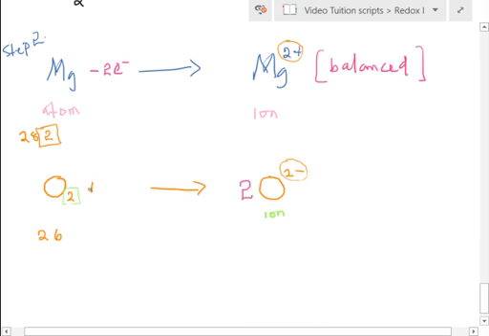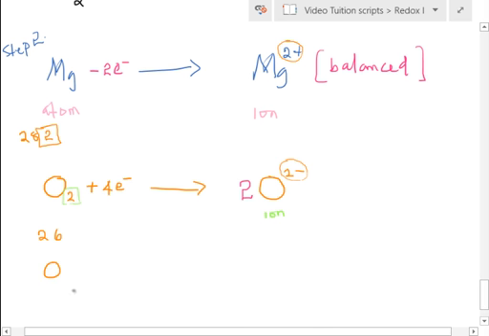We use plus to represent accepted, because loss of 2 electrons is minus, and gaining of 2 electrons means that gain of electron will be plus here. So oxygen molecule means there are 2 oxygen atoms here. Each one of them accepted 2 electrons. So it means it's going to be 4 electrons. Why 4 electrons?